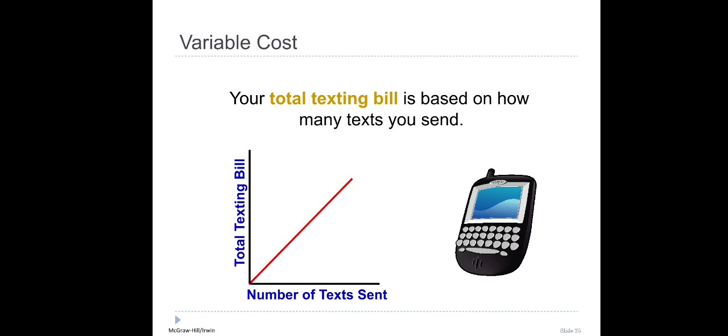So one product, $16 direct labor cost. 2 products, $32 direct labor cost. 3 products, $48 direct labor cost. So that is an example of a variable cost. The higher the quantity of production, the higher the cost. The lower the quantity of production, the lower the cost. That is the nature of a variable cost.